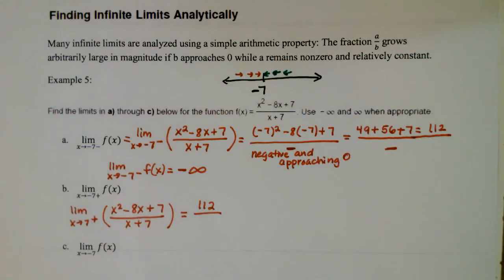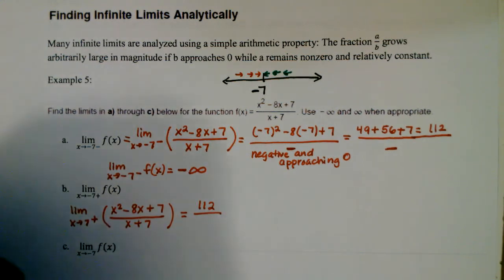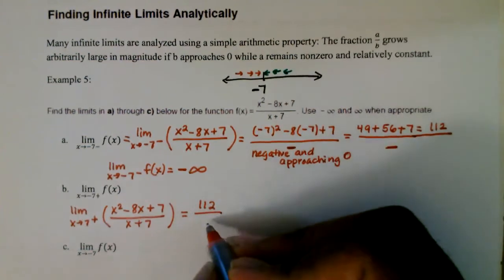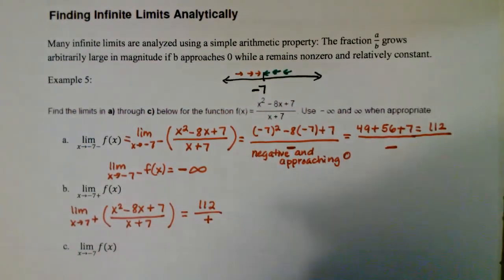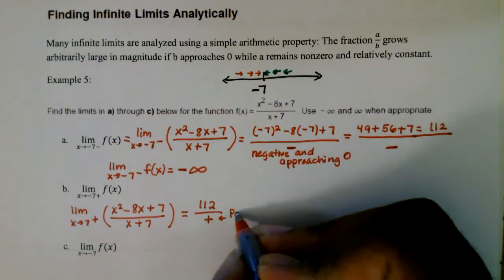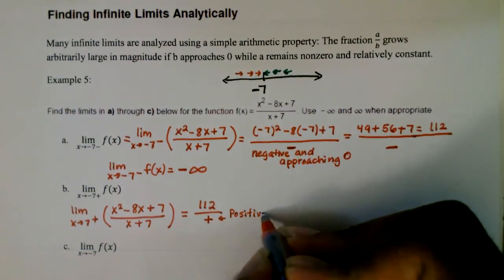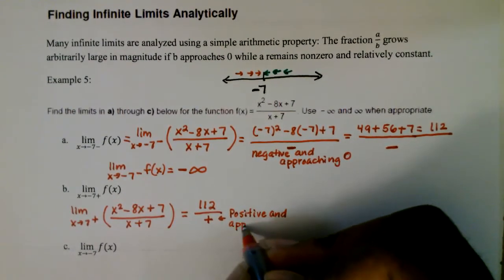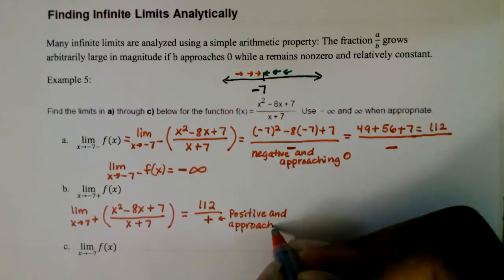It's going to be values like -6, let's say -6 or -6.3, -6.5, -6.8. But whatever value I choose there, anything like -6 or -6.5 added to 7 is going to end up being positive. In other words, it's going to be positive and approaching 0.